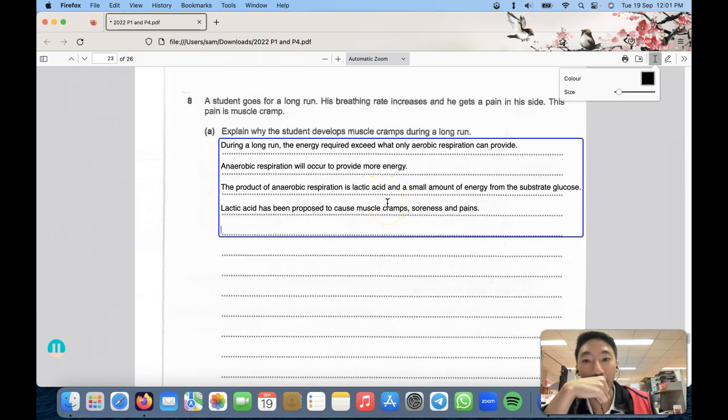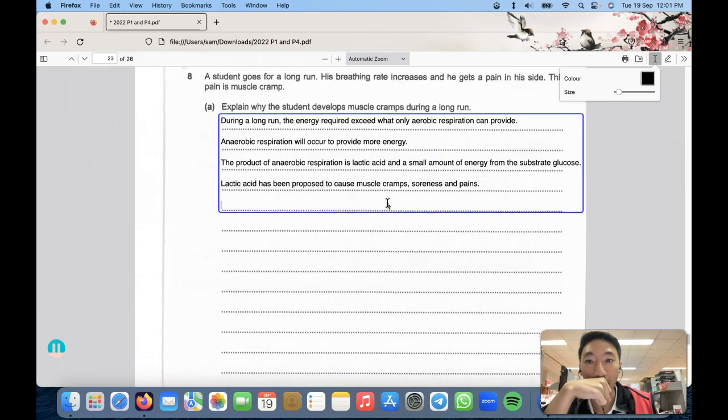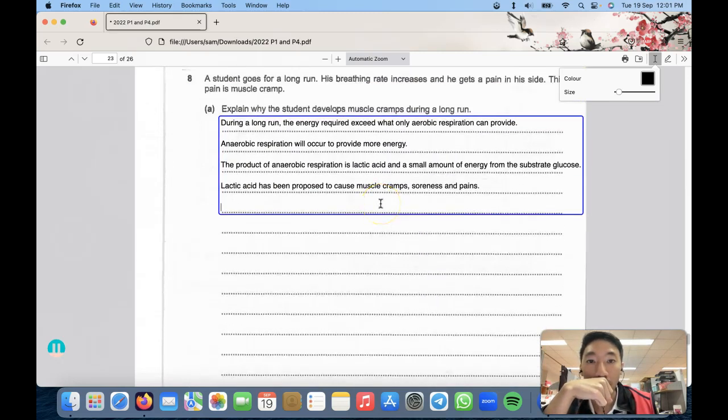Okay, I feel like I missed out something important here. 6 marks. The breathing rate. Maybe I missed out the part about breathing rate. I need to restructure my answer a little bit. So what should I say?